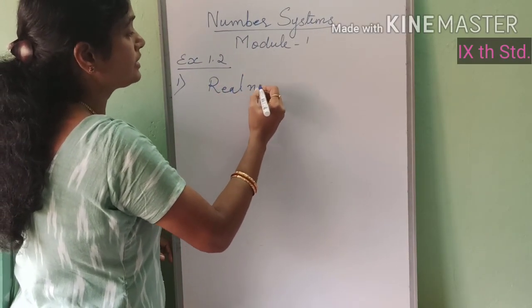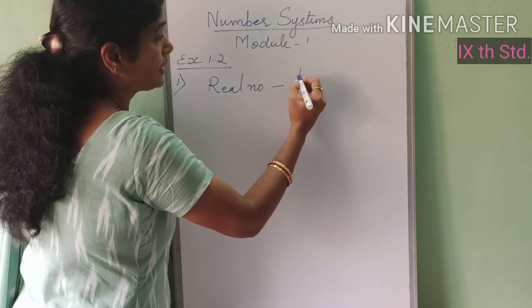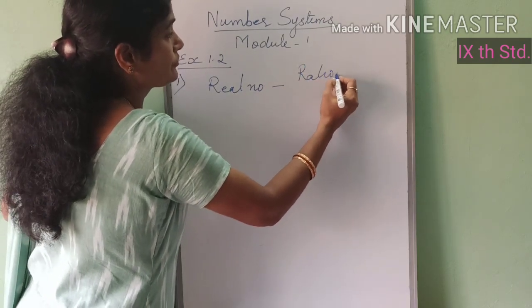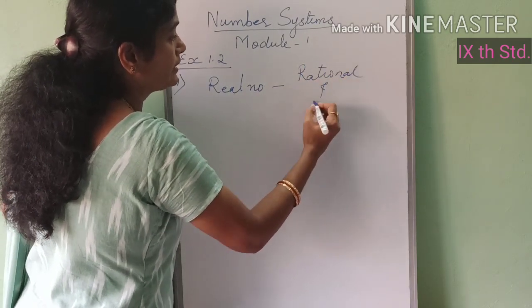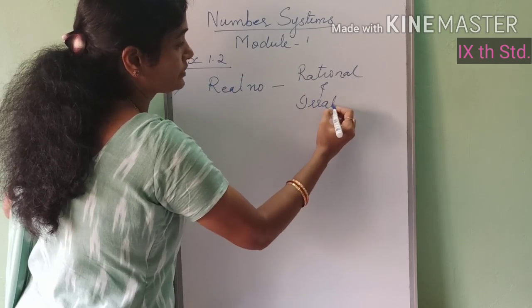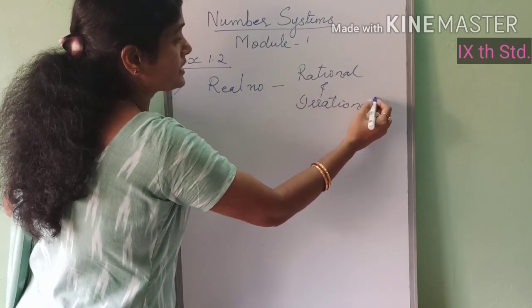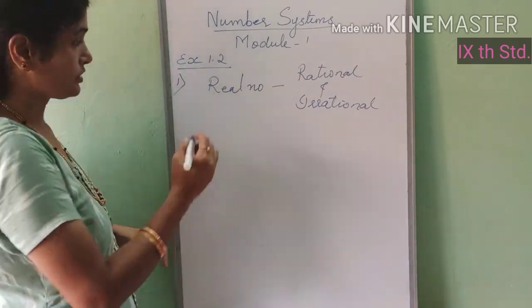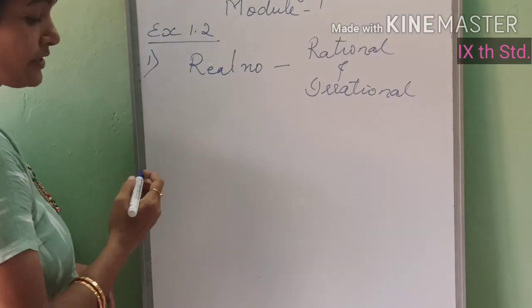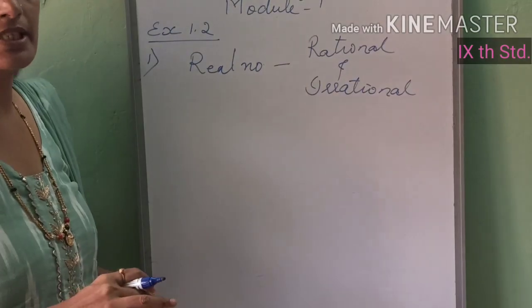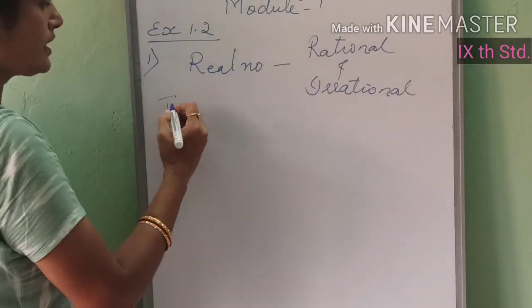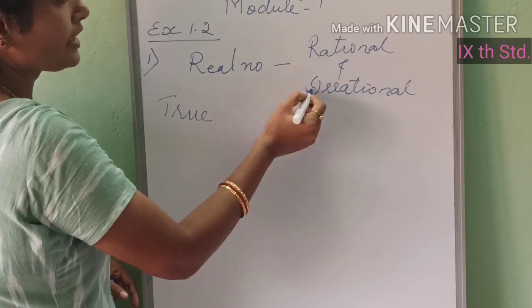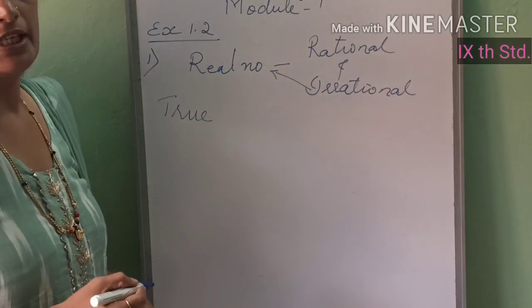Real numbers include both rational and irrational numbers. Real numbers are the set of both rational and irrational numbers. Okay. So, the first statement, every irrational number is a real number, is true because all the irrational numbers belong to the set of real numbers.